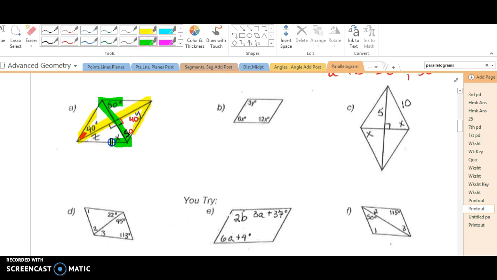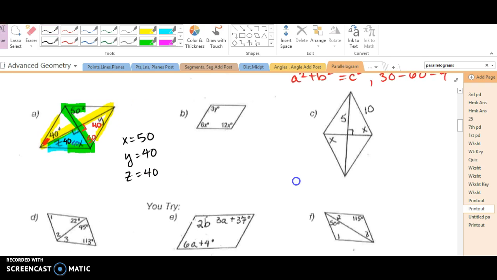You also have a Z here, so x would have to be 50. And then again, you have a triangle with 180 degrees. So 90 plus 50 subtracted from 180 leaves us with z is 40. So x was 50, y was 40, z was 40.